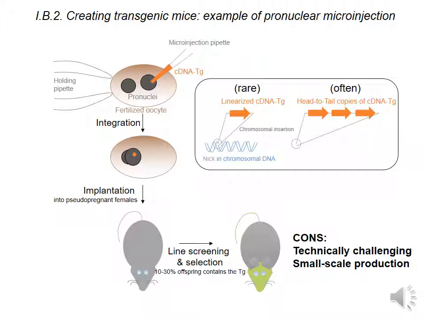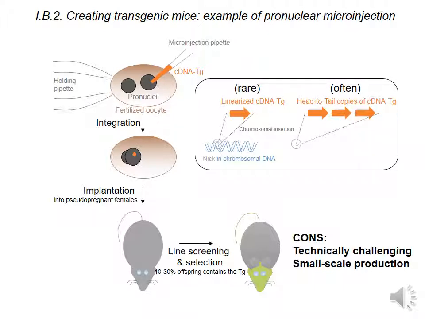There are different ways of creating transgenic mice, and in the next few slides we will see 2 examples of how to generate them. This particular case describes pronuclear microinjection. For this, we need a fertilized oocyte in which the nuclei from male and female have not been integrated yet.